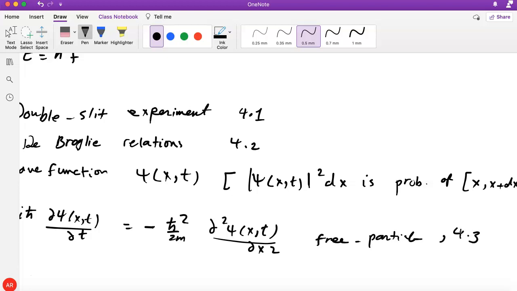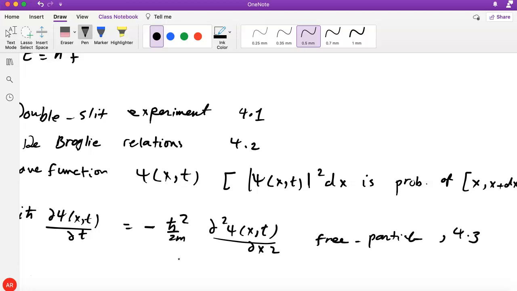And then the last thing we did was introduce the more general Schrodinger equation where you have a potential. So the idea was that this operator that acts on the wave function, this minus h bar squared over 2m times the second derivative with respect to x, is effectively like the kinetic energy.